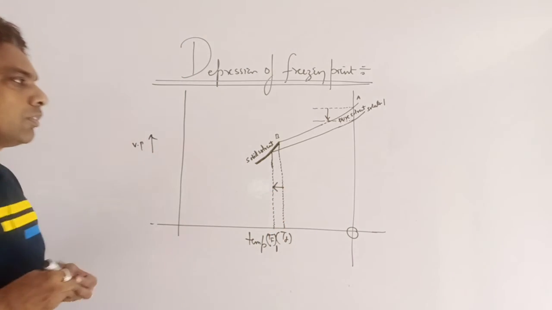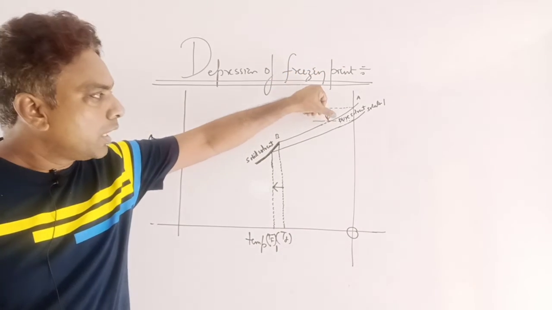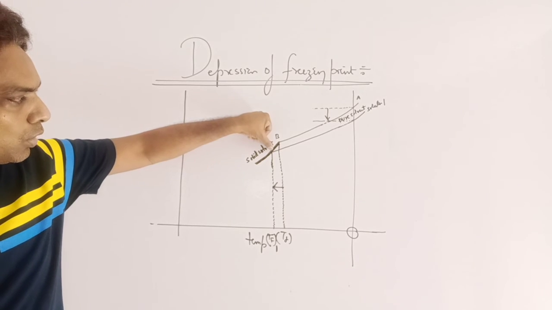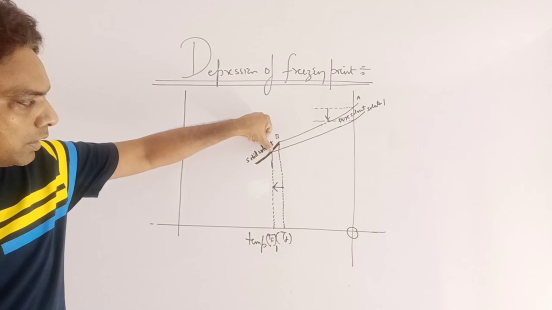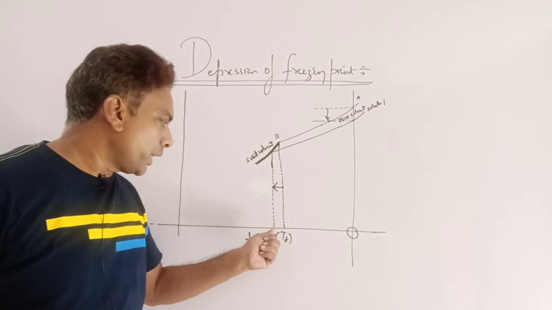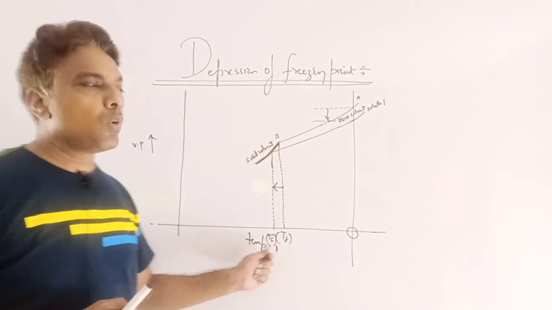So the decreased vapor pressure touches the solid solvent curve at this point, and the corresponding temperature denotes the freezing point of solution 1.